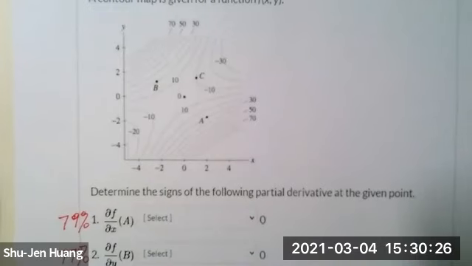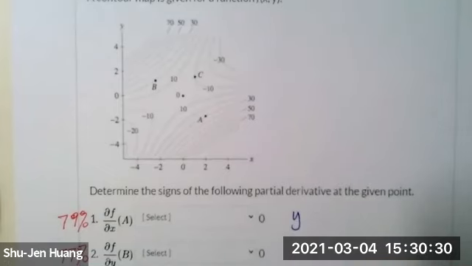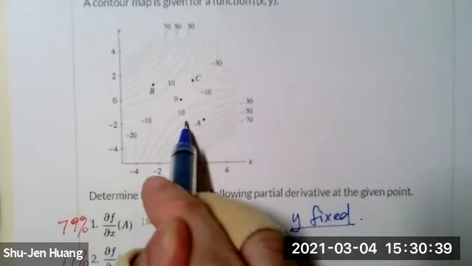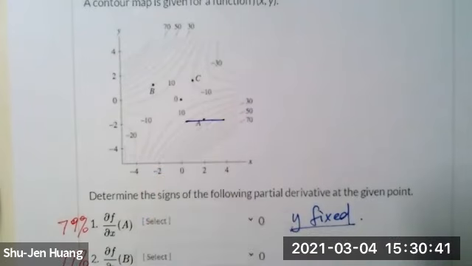Do you remember? Y is held constant. Yeah, we hold y as a constant. So that means the y value is fixed, right? The y value is fixed. So in this case, you're going to draw a horizontal line here, and you can see on the horizontal line, the y value is fixed. Agree?